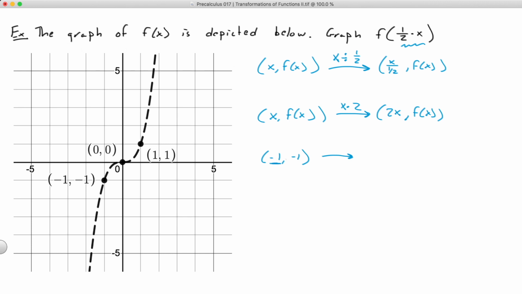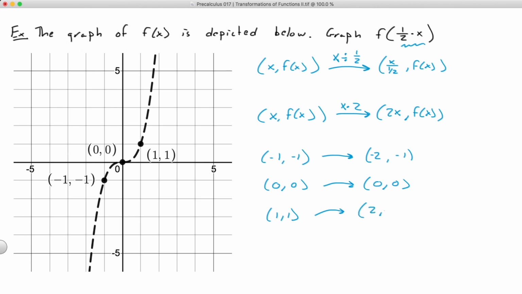In this case, -1 times 2 is going to give us -2, and then comma -1. We can apply this similarly to the point 0, 0. Of course, in this case, anytime we multiply anything by 0, it's going to still be 0. And so we will have 0, 0 even after the transformation. And then finally, the point 1, 1, when we multiply its x coordinate by 2, that will give us the point 2, 1.